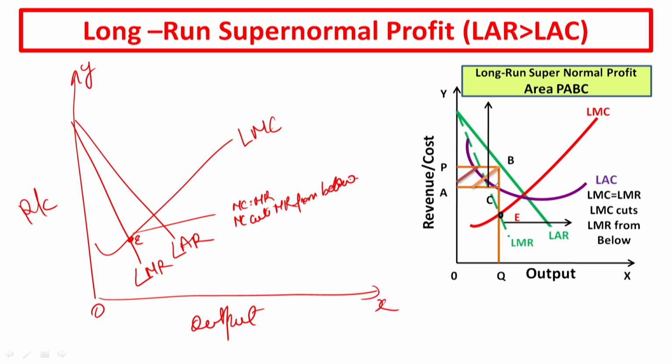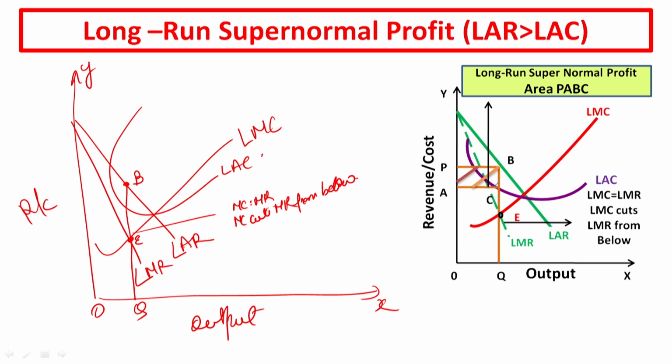And you have to draw the long run average cost. Since there is supernormal profit, it must be below the average revenue. It must be like this, the long run average cost. Go and touch it on the x-axis, and it will give you the equilibrium output. Go and touch the average revenue at point B. Again, find where it touches the average cost.